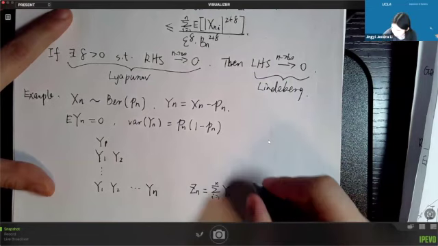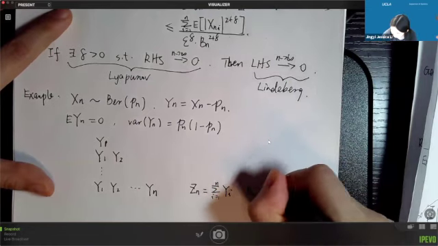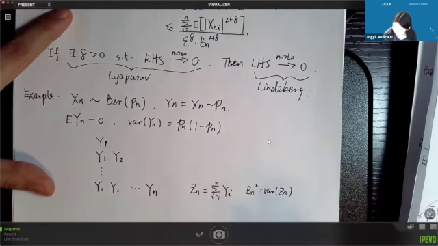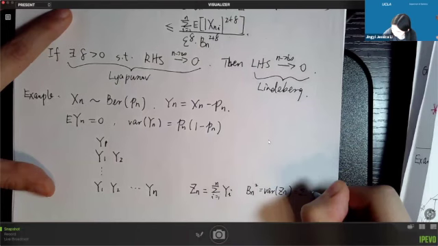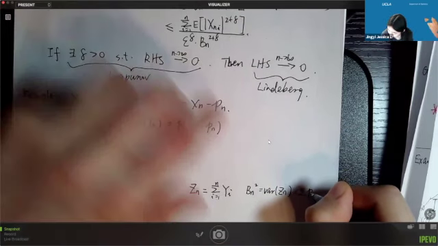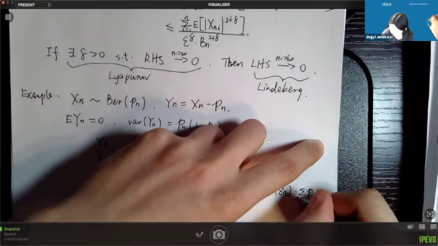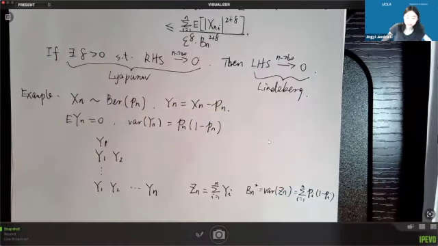Then what's Bn squared? Bn squared is the variance of Zn, and it's actually the summation of Pi times 1 minus Pi, i from 1 to n. That's our Bn. And what else can we say about the Lyapunov condition, if we want to show that?